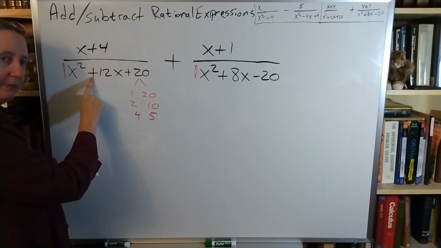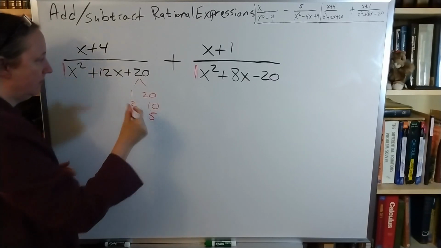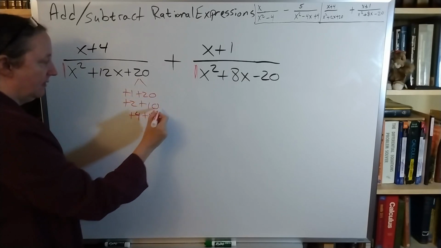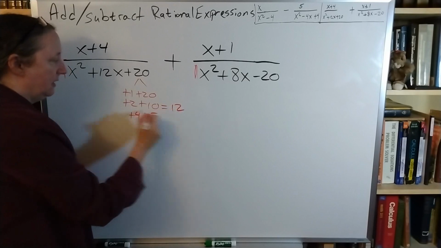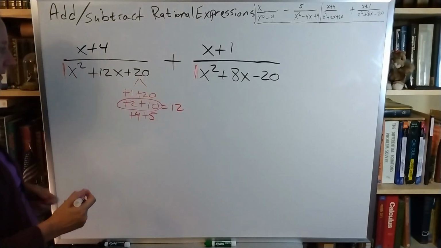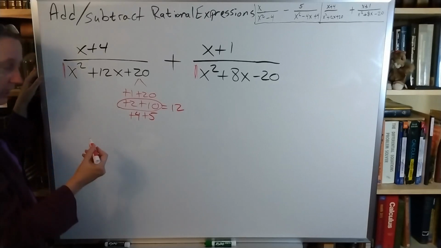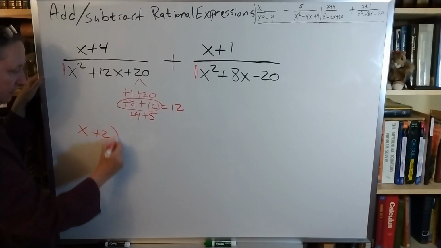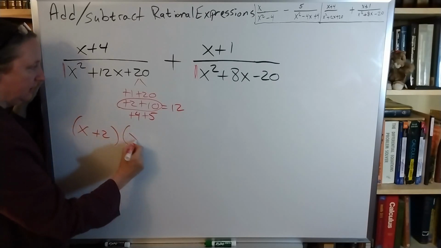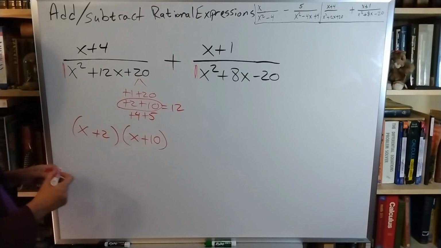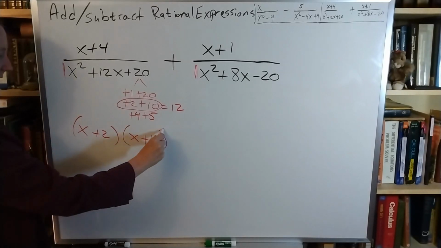I see my larger number is positive. I see the 2 plus 10 gives me that 12 there. So shortcut, I have x plus 2 multiplied by x plus 10. That's my new denominator.